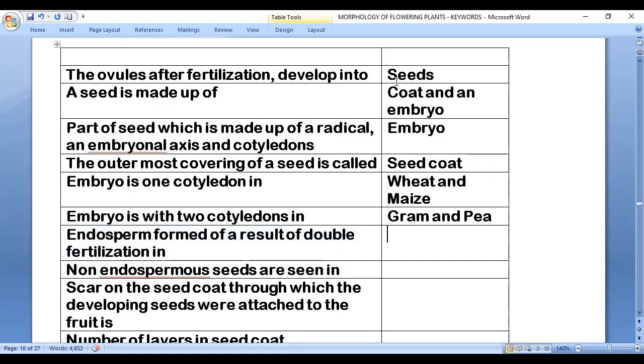Endosperm is formed as a result of double fertilization, as in castor.